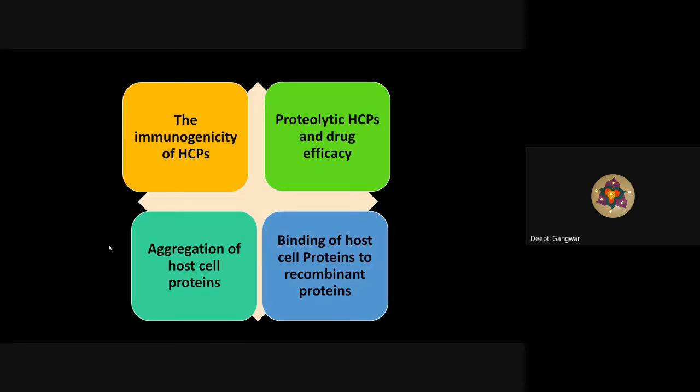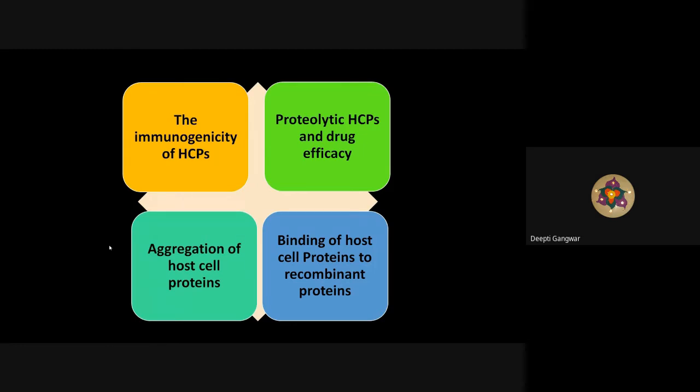Suppose one of your host cell proteins has the capability to chop proteins. Then, if it is present with your molecule of interest, it will carry on with its proteolytic activity and chew off your molecule during storage or preparation, which will ultimately impact the efficiency of your molecule.